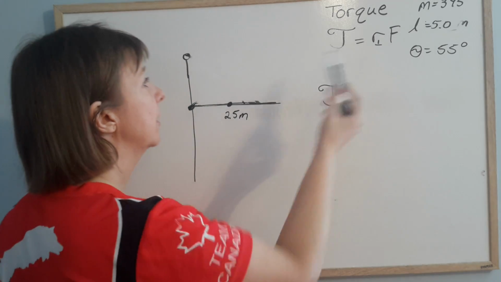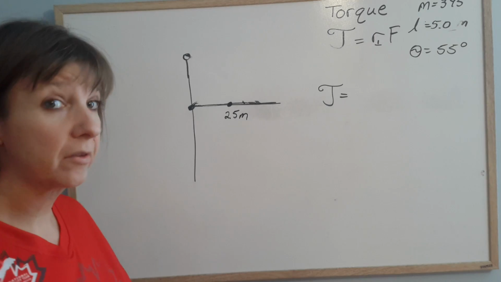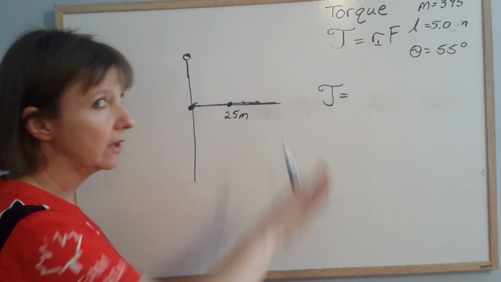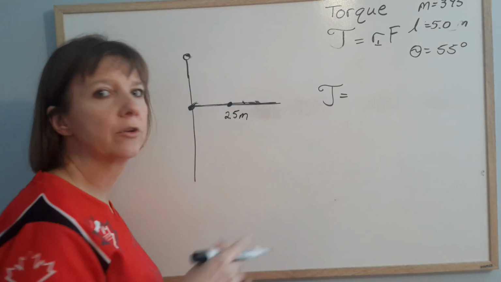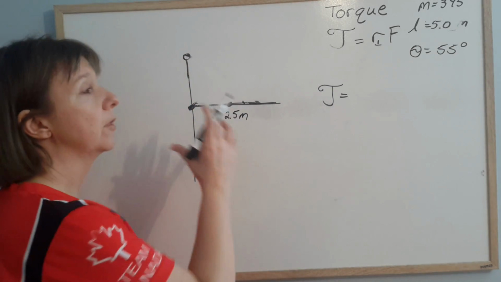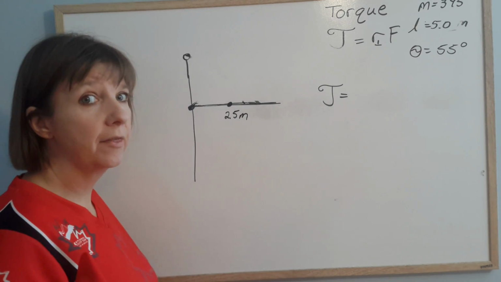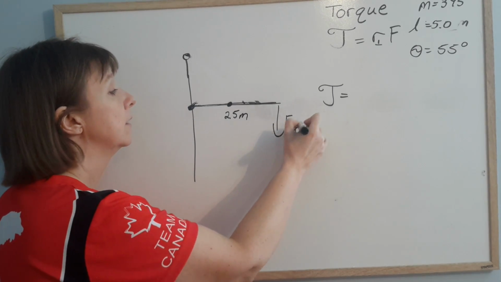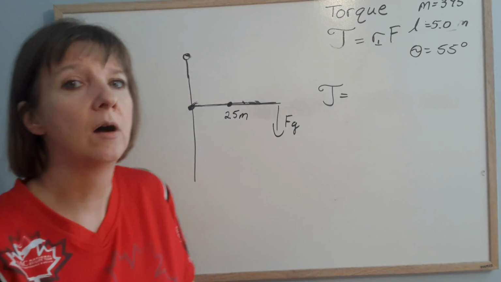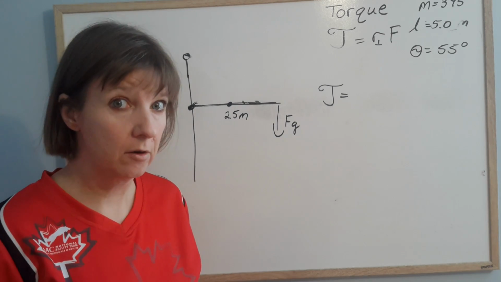So again, torque is lever arm distance times force. Now again, we're pretending there's no cable there, so there's no 1,250 newtons of force of the cable holding it up. Right now, the force that is working is just gravity pulling down on that crane. That's the only force that's there.